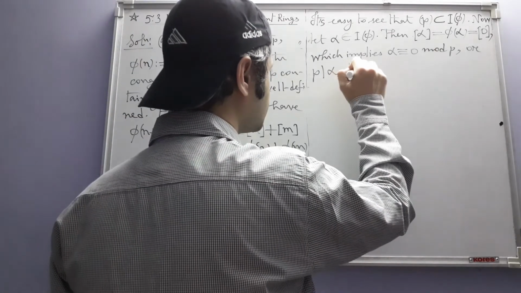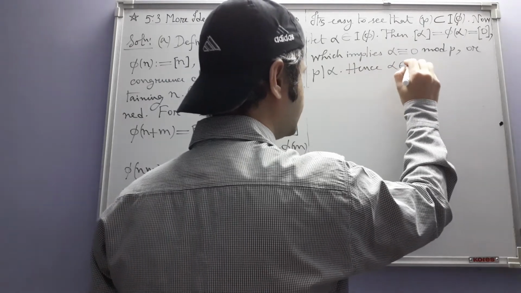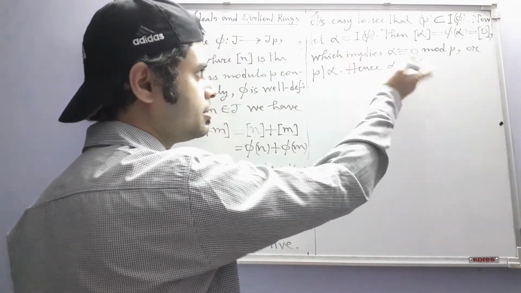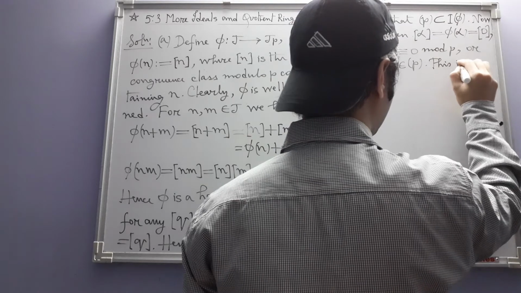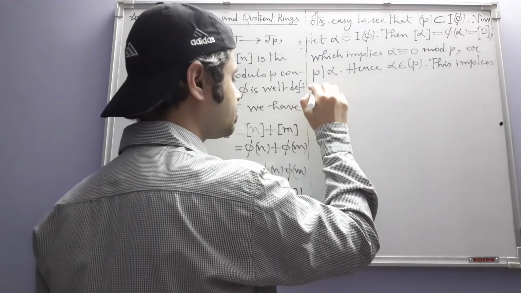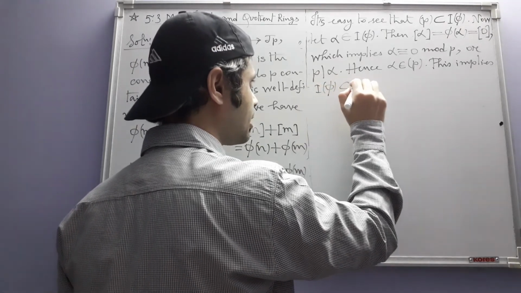Hence, alpha belongs to the ideal generated by p. So any element in the kernel is here. This implies the kernel is also a subset of this ideal.